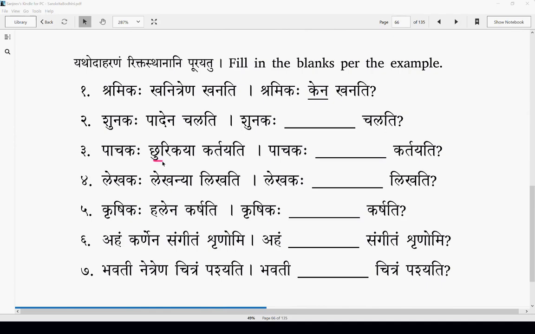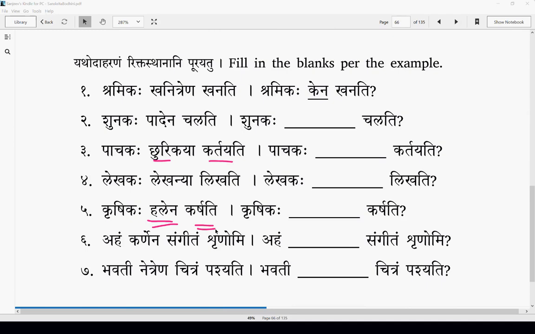So here also, churika is knife. Kartayati, cuts. Halena, hala, plow. Krushika halena karshati. Krushika is a farmer.